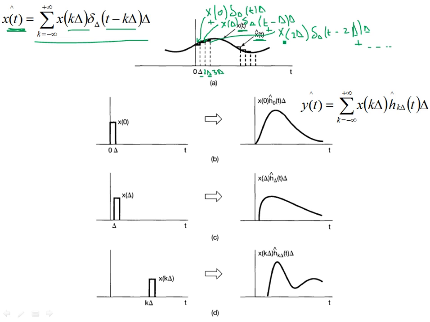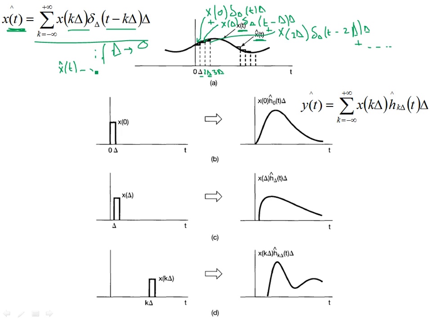You can see from the graph as well, if you decrease the width of this finite duration pulse delta, if delta approaches 0, a very short duration pulse, then your approximation x hat of t is going to resemble more and more that of x(t).